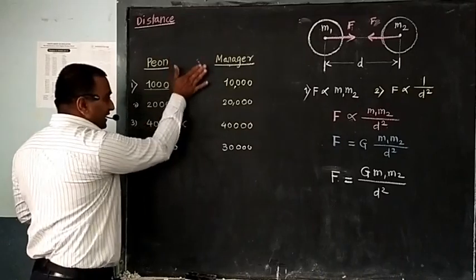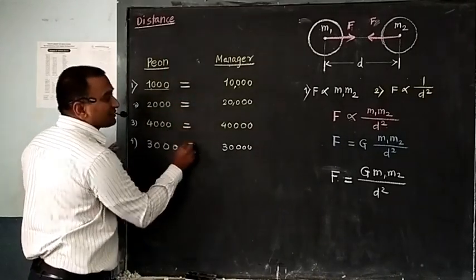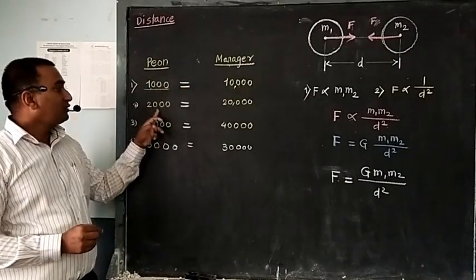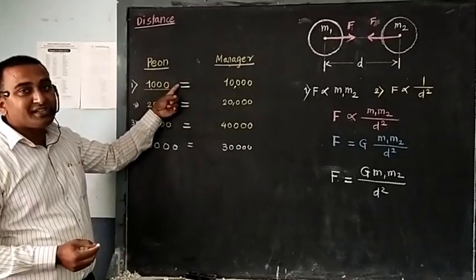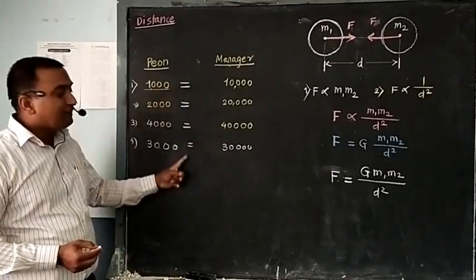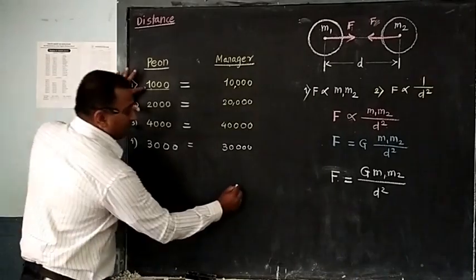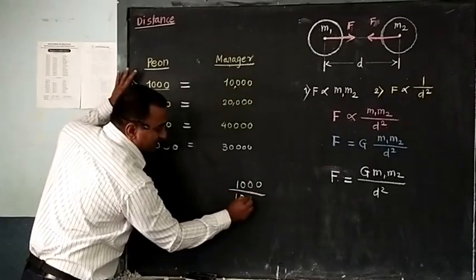If you drop this direct proportion and directly take equal to, then see what it means: 1,000 is equal to 10,000, 2,000 is equal to 20,000. Is it possible? No, because we have changed proportionality into equality. So one concept we should discuss here. See, the peon's salary divided by the manager's salary.